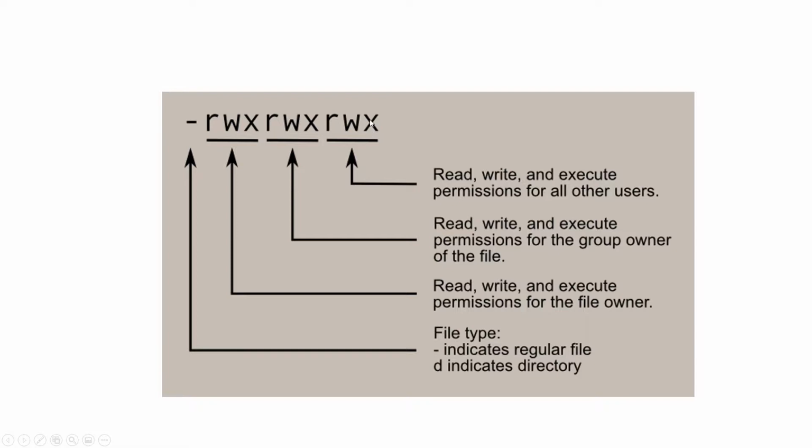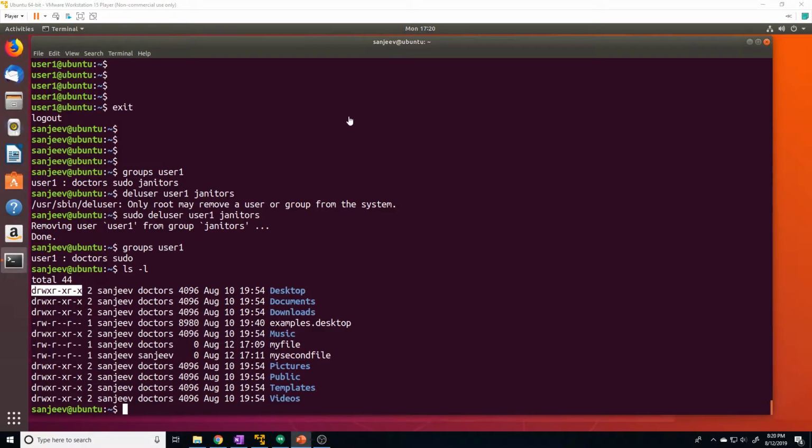So let's exit out of that and go back to the command line, and take a look at a couple of these files or directories. We've got the desktop directory. As I stated, the first character indicates what type of file it is. Because there's a D, this implies that it's a directory.